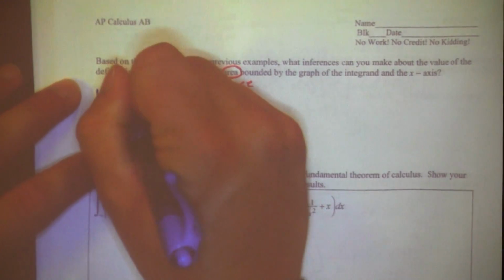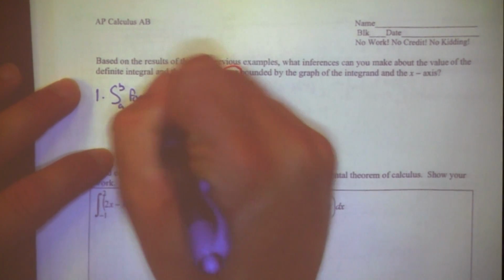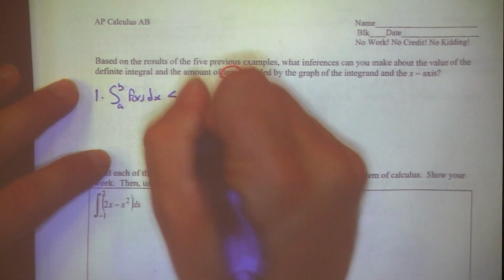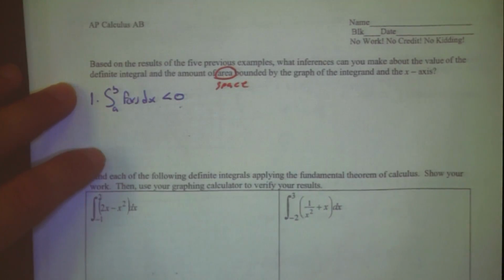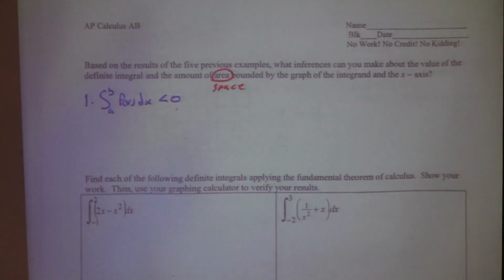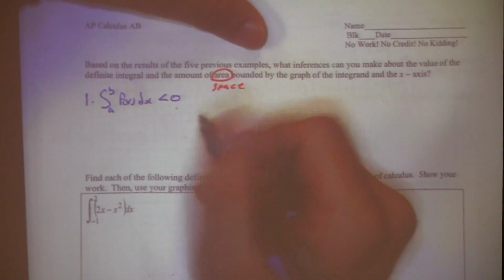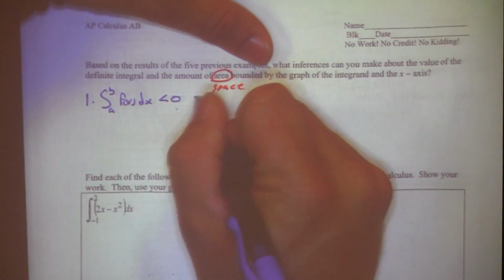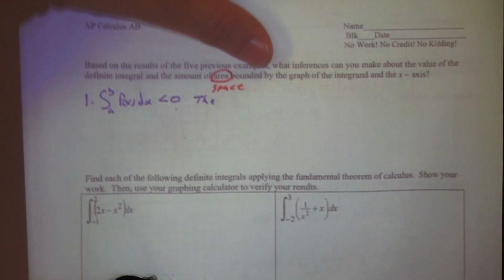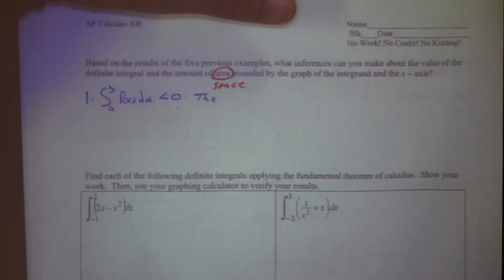So if the integral from a to b of the function was less than 0, meaning it was negative, what did that imply? Predominantly where? Below the x-axis, right?